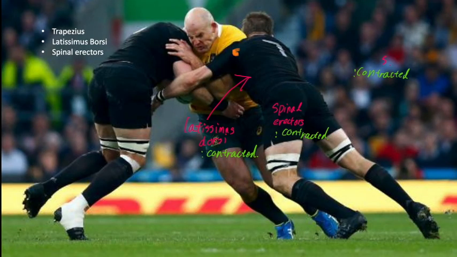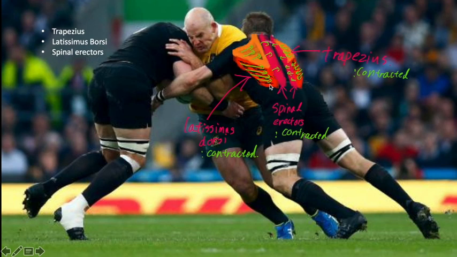And then next we are focusing on the back side. On the back side, there are three important muscles: the trapezius, the latissimus dorsi, and the spinal erectors.